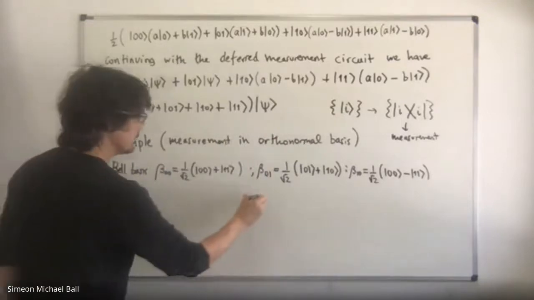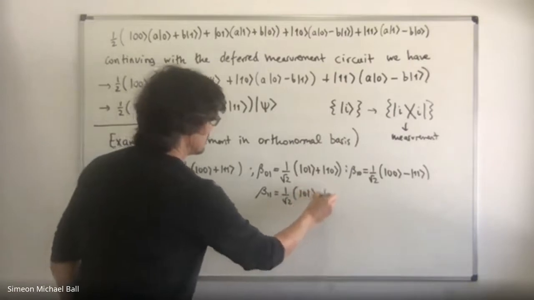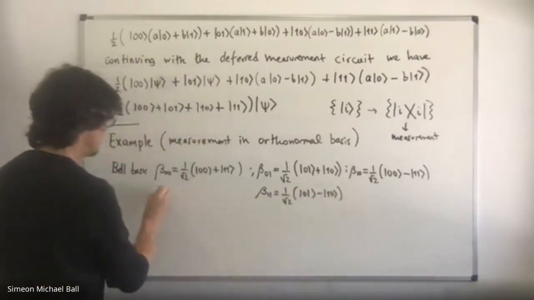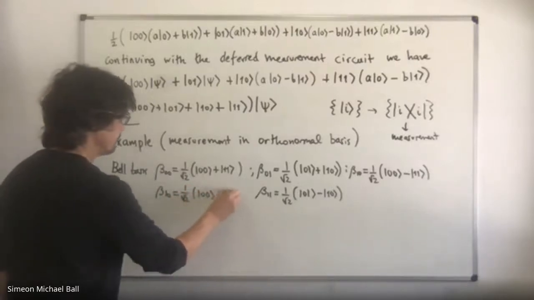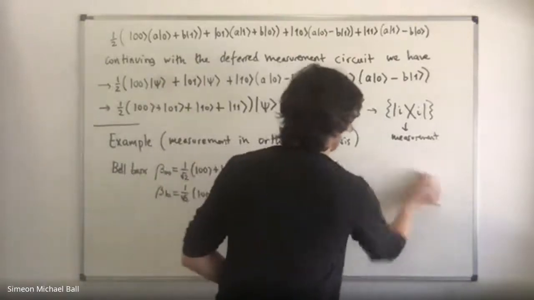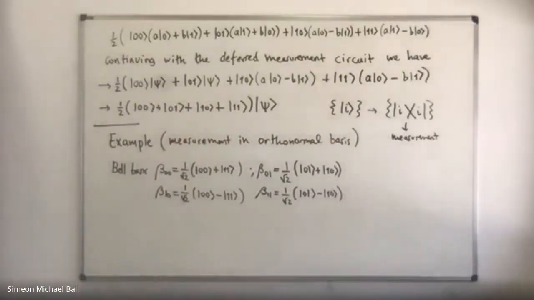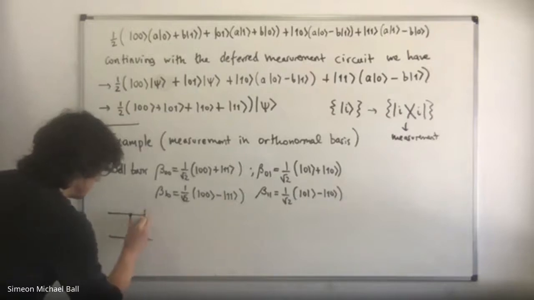You need a 1, 1. And they're paired off. So it's absolutely clear. Okay, so here's an orthonormal basis. And we can measure this basis by simply putting a C naught here and Hadamard again.